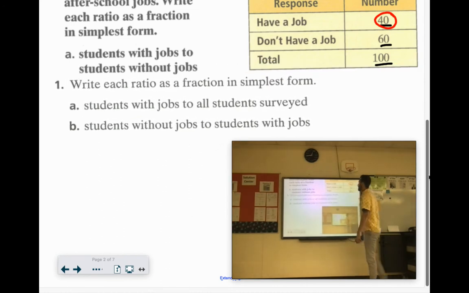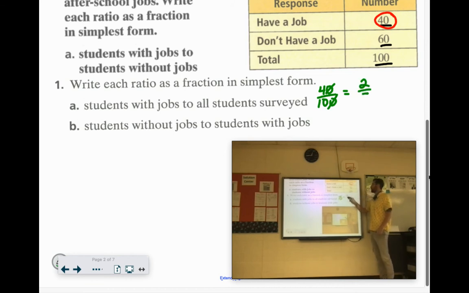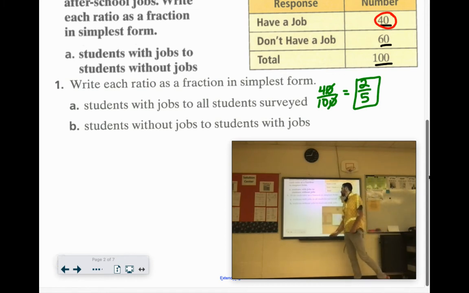Students with jobs to all students surveyed. So it said that 40 of them have a job. There were 100 surveyed overall. Simplifying it, we can knock off a 0 for a 0. 4/10, divide them both by 2, which would give us 2/5. Students without jobs to students with jobs.